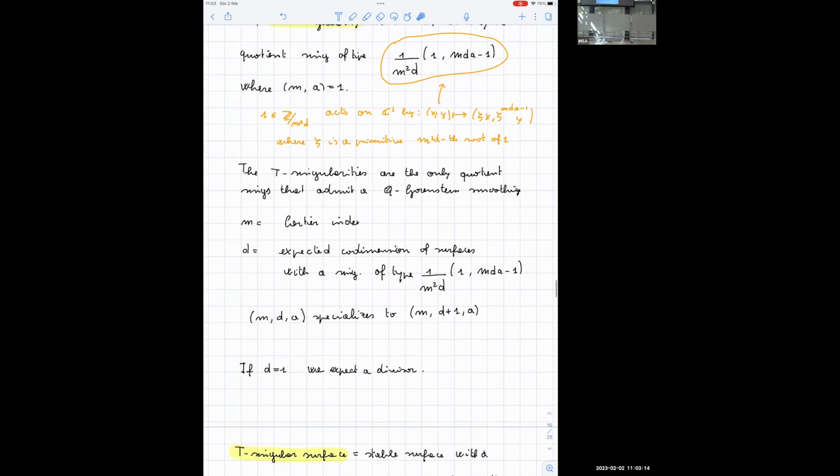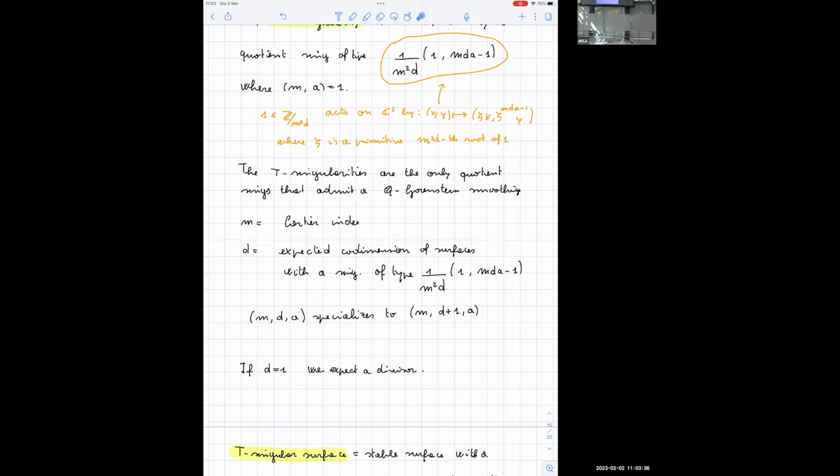And these come in families. If you increase d by 1, the singularity with invariants m and d specializes to the one with m and d plus 1. So you go one step further inside the stratum.